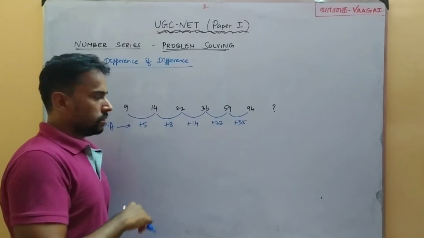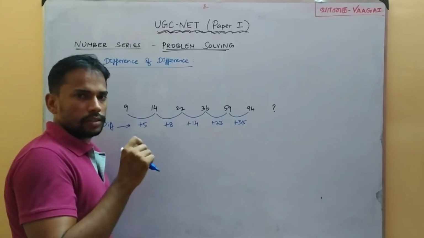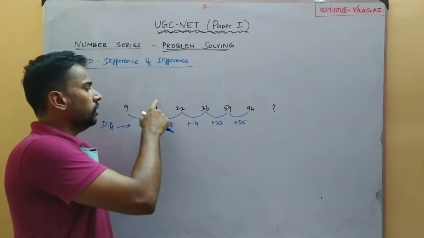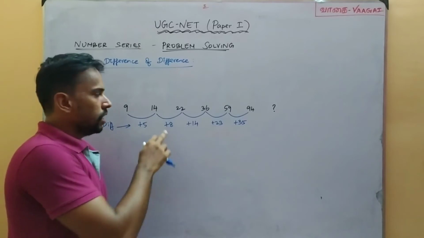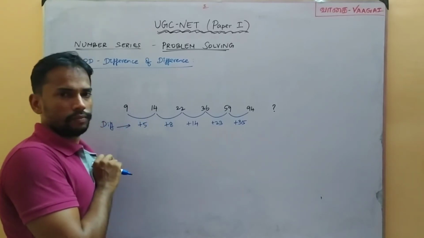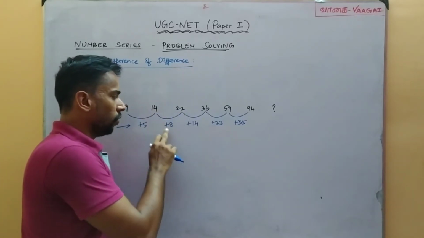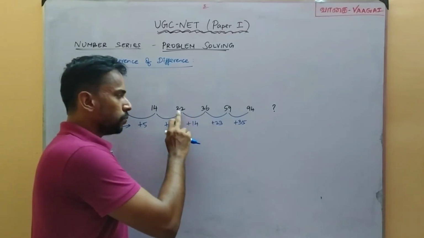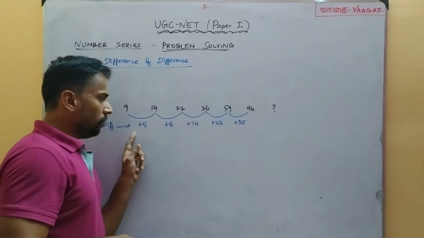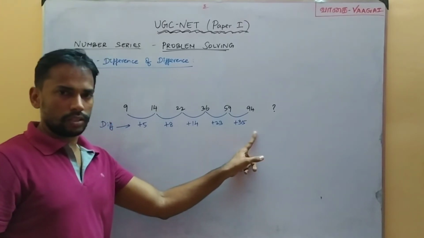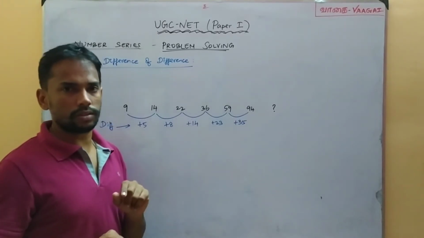But think about how this 5 is obtained. It's simply the difference between these two terms, 14 and 9. 14 minus 9 is 5. Then 22 minus 14 is 8, 36 minus 22 is 14, and so on. So what we have obtained here so far is nothing but the first level difference.